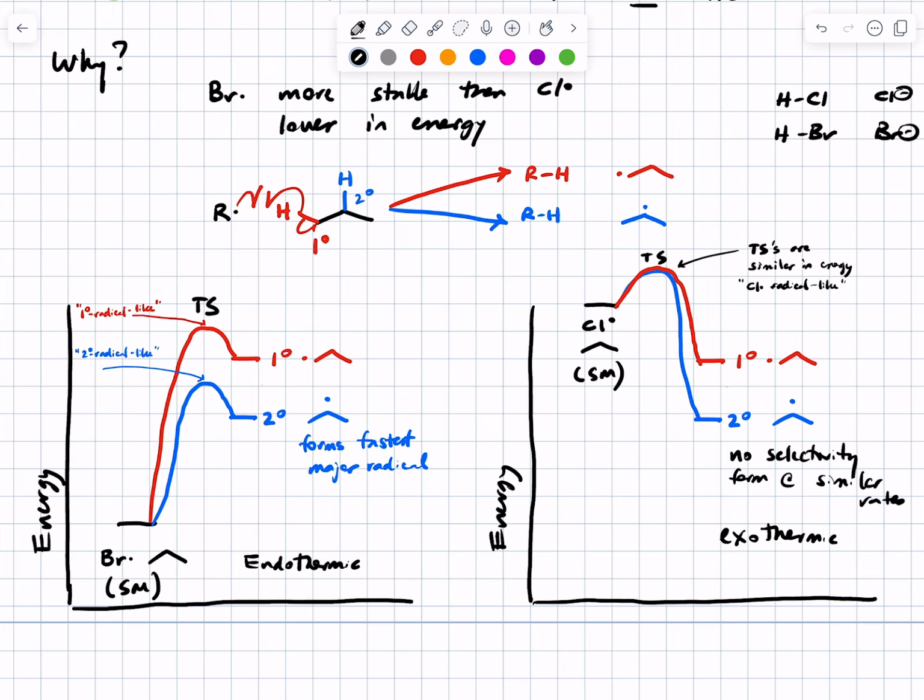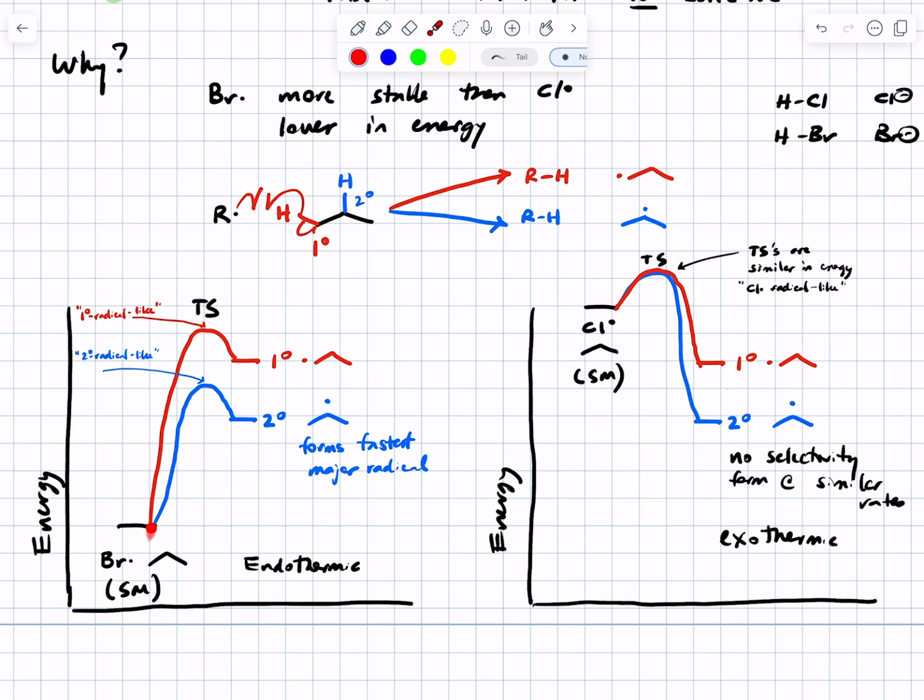Bromine, Br radical, is less reactive. It's lower in energy than the carbon-centered radicals. That means the transition state in this endothermic reaction leads to the primary versus the secondary radical intermediate. That transition state looks very much like a carbon-centered radical, and stability differences will apply to the transition state too.